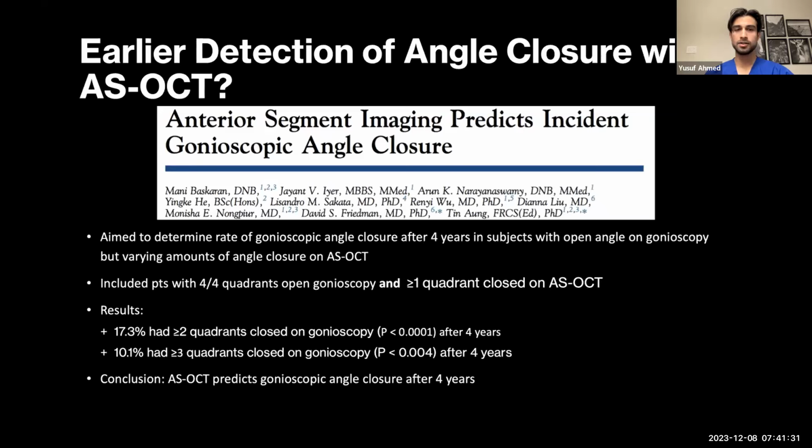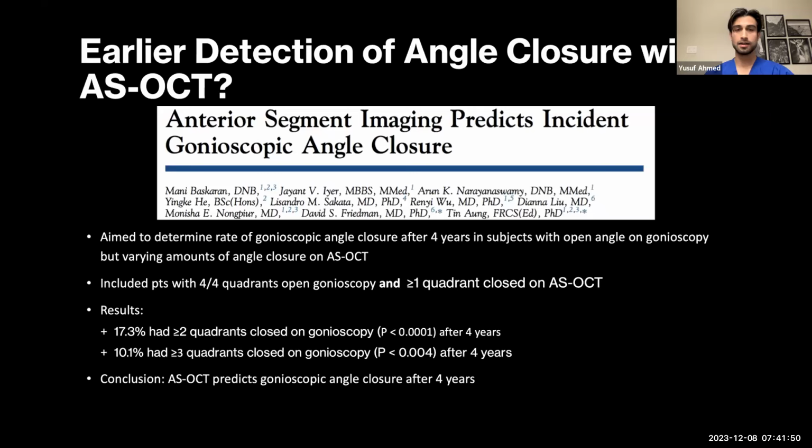The study included patients who are completely open on gonioscopy, but had at least one quadrant closed on anterior segment OCT. And what they found was that 17.3% of those who are completely open, 4 years later, had at least two quadrants closed on gonioscopy.